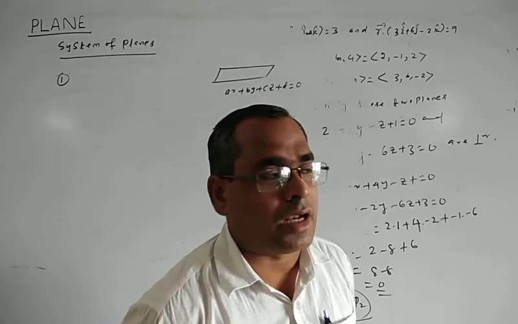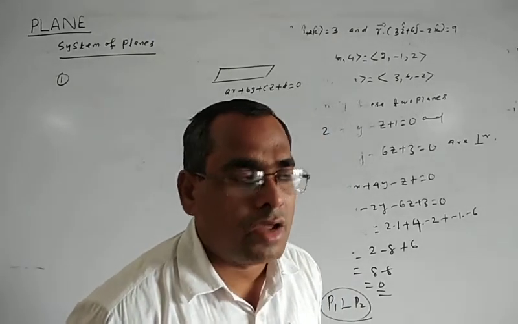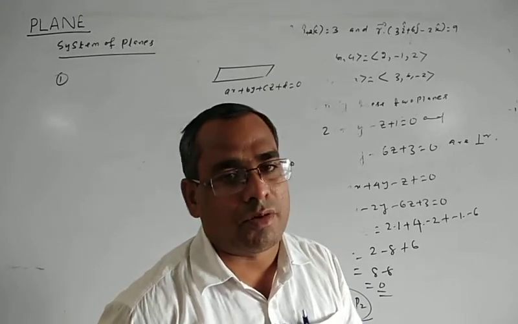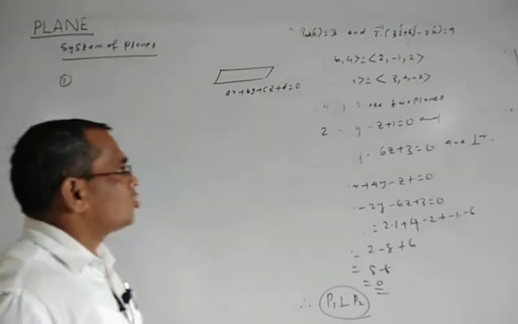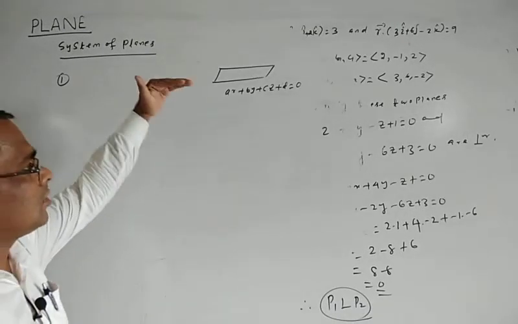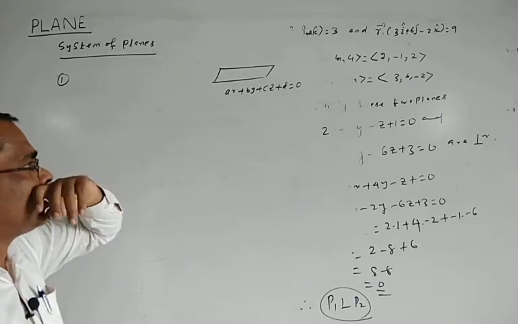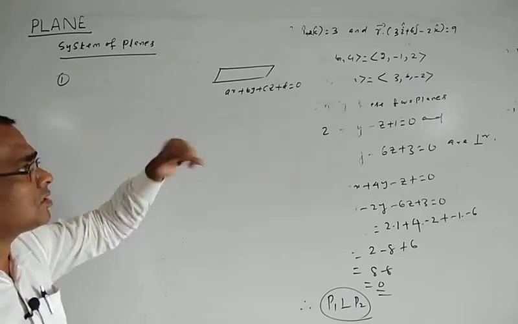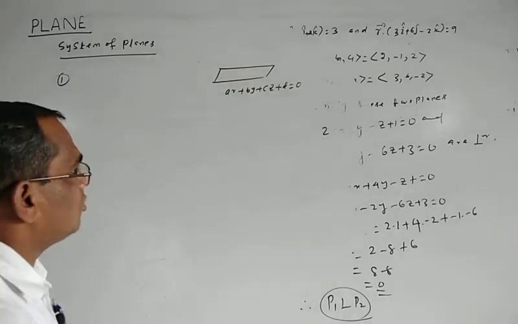Normals must be parallel means the direction ratios must be parallel, or the direction ratios of these normals are the same, because the same number is always parallel to itself. So we write the equation of the plane parallel to the given plane as ax plus by plus cz plus k is equal to 0. Okay.